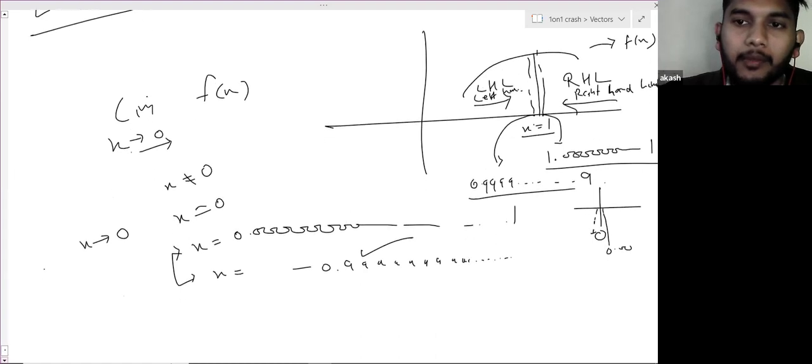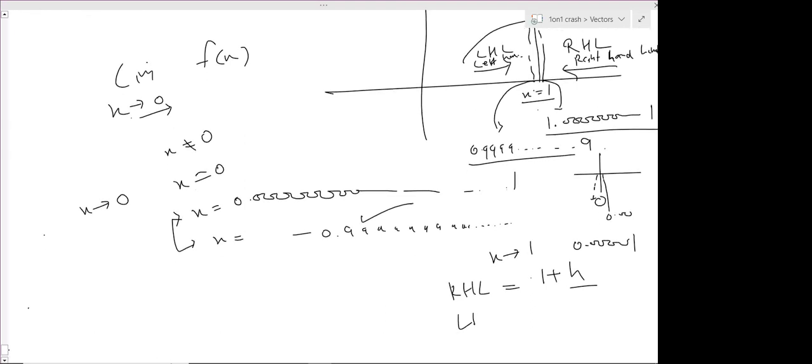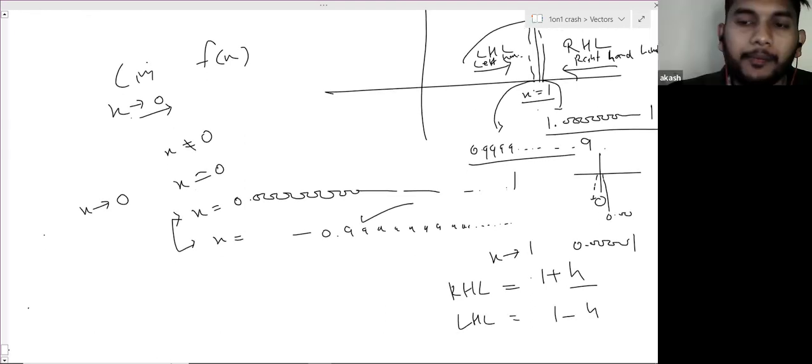So we can say if x is tending to 1, then RHL is 1 plus h, where h is a very small quantity, 0.00001, right? And LHL will be 1 minus h. Clear?